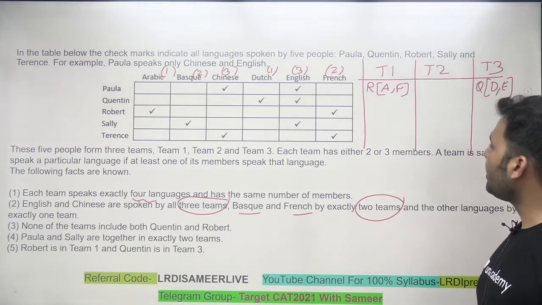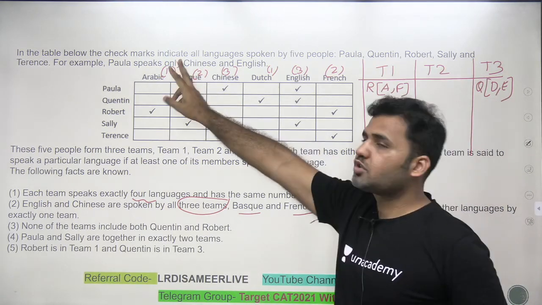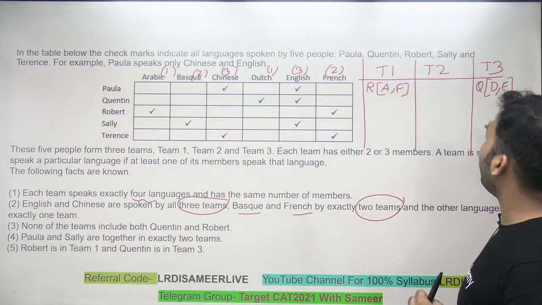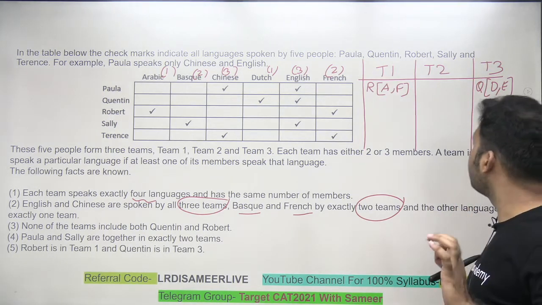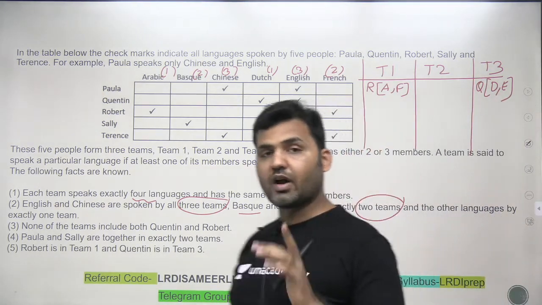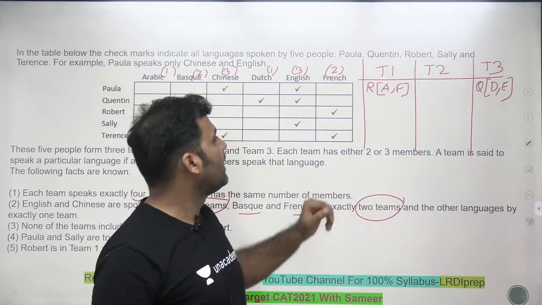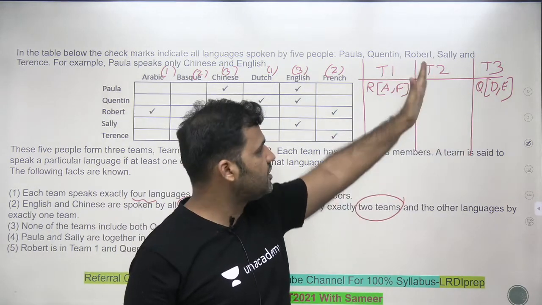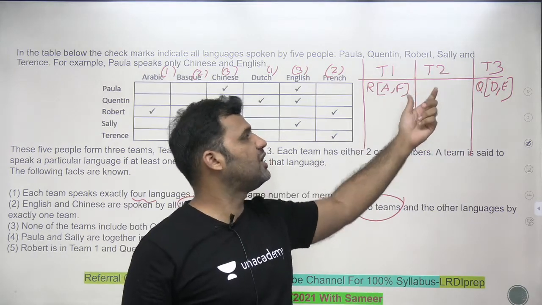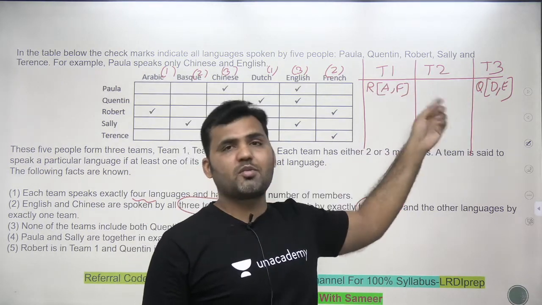Now, we know that Arabic is supposed to be spoken by one team, and Dutch is also supposed to be spoken by one team. That means that R and Q will not be the member of any other team now. In T2, if I have to decide the members of team 2, R and Q cannot be the member of that team.